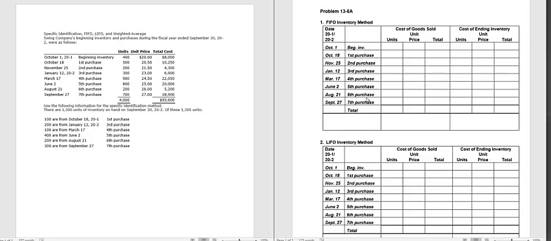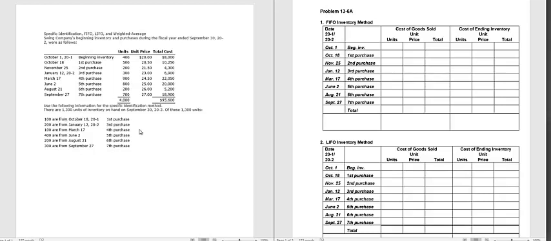Alright, so it's always important to first find out how many units you have in your ending inventory. So the problem tells us that there are 1,300 units in inventory on September 30th, which is the end of the period. So the question is, under first in, first out, which 1,300 units is it from the beginning inventory and all these purchases?